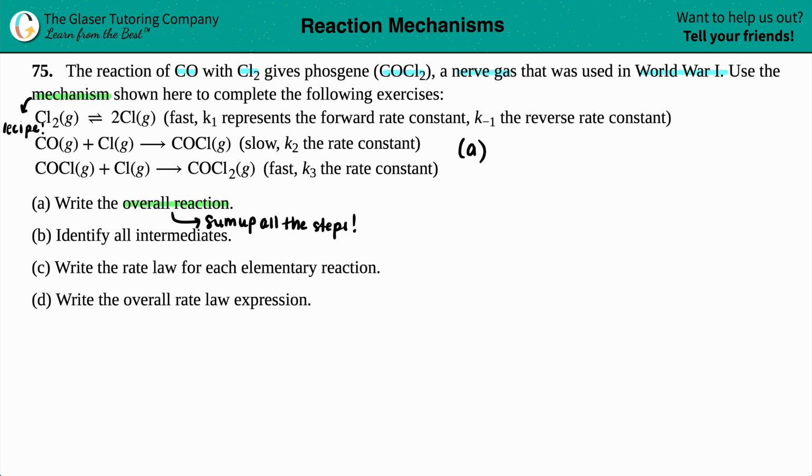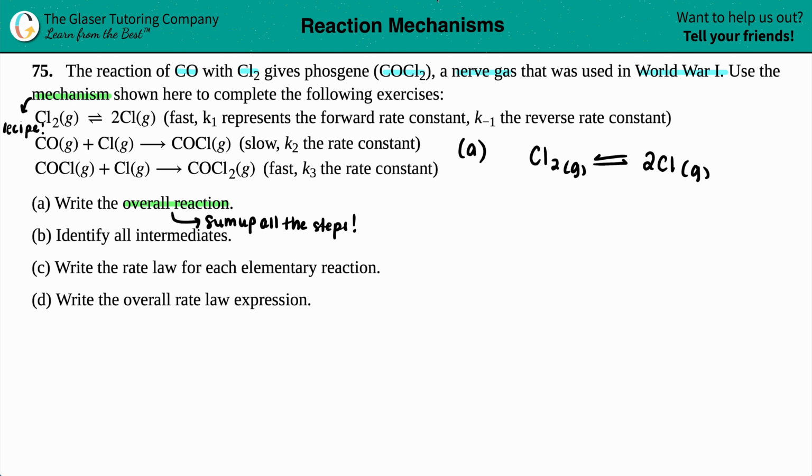So what I'm going to do is rewrite the 3 steps over here, just so that it's easily seeable. So the first step is Cl2 gas coming to equilibrium with 2 Cls.